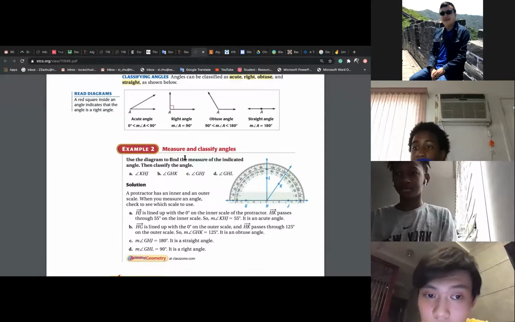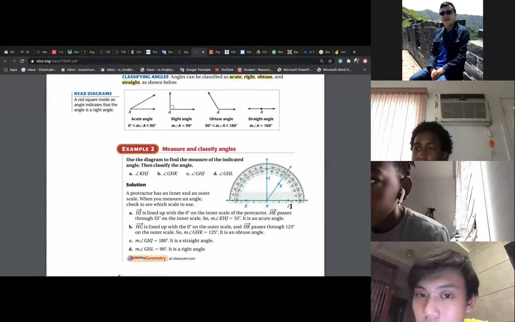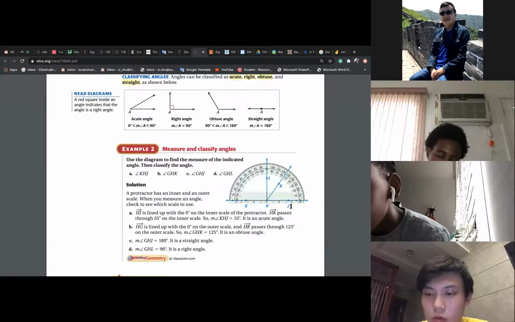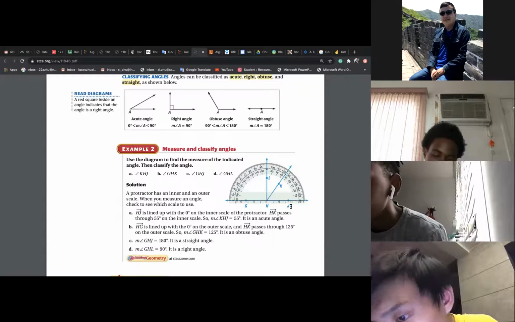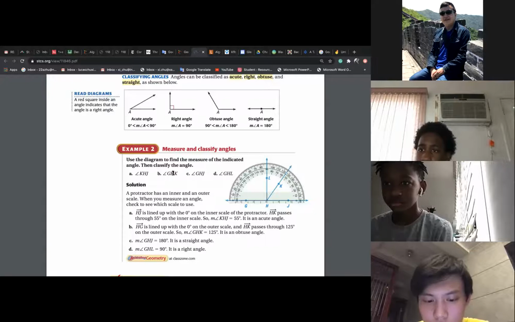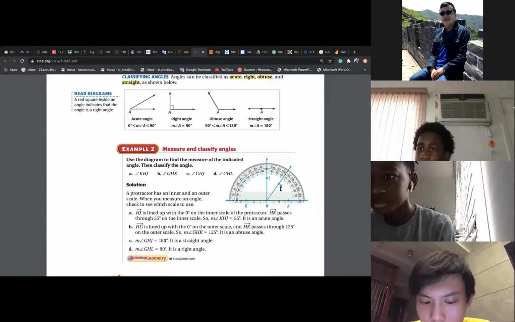And find the measure. 55 degrees. 55. Yep, it is. And how about B? Obtuse. Yeah, obtuse. Angle GKEHK. Yep. And what's the measure? 180. 5. 20.